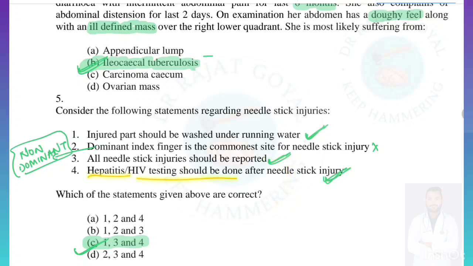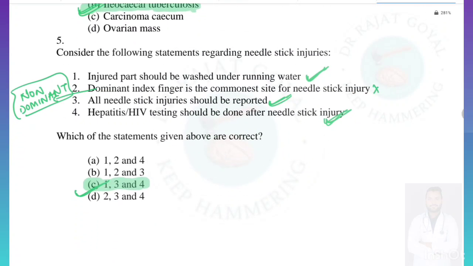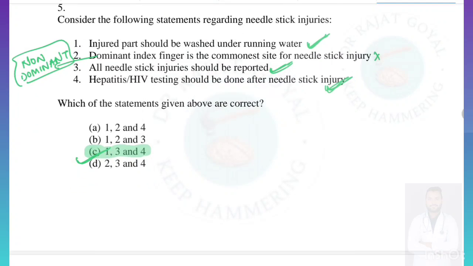Hepatitis or HIV testing should be done after the needle stick injury. This is also true. Dominant index finger is the commonest site for needle stick injury. This is not true, because generally the non-dominant index finger is injured. So here the answer will be 1, 2 and 3, so option C is correct.